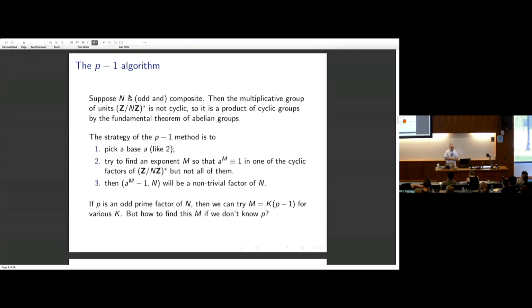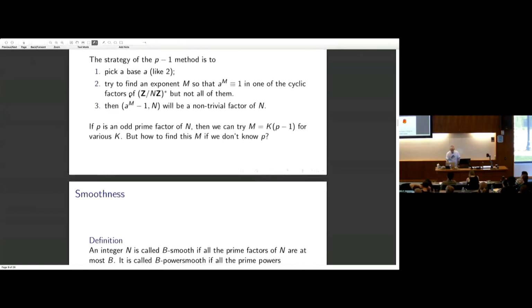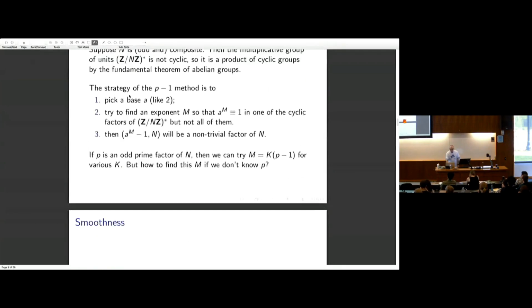So we pick numbers, and we raise them to this power, and we hope that this m is a multiple of p minus 1, where p is one of the divisors of n, but not q minus 1 for one of the other divisors of n. That's kind of the strategy.